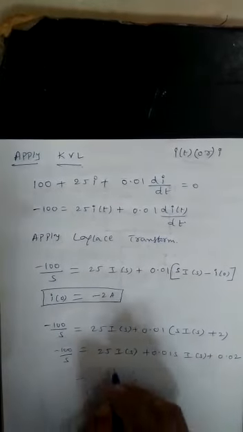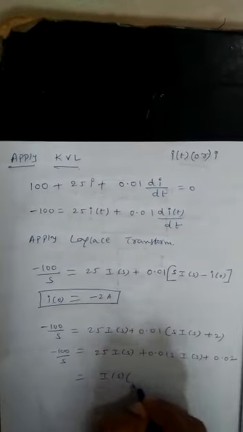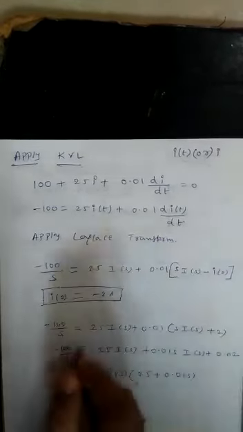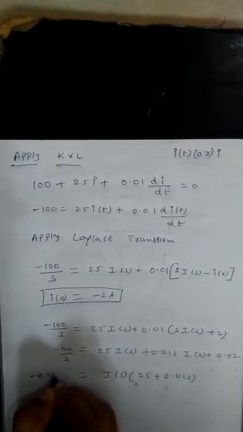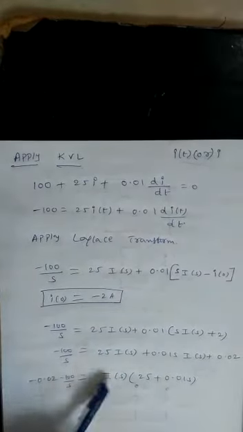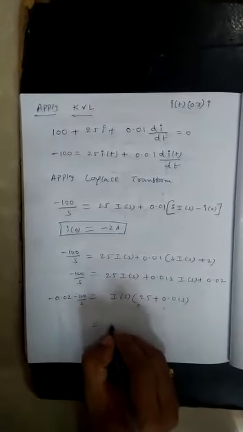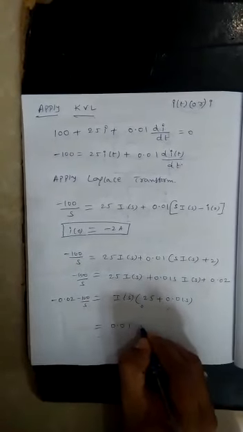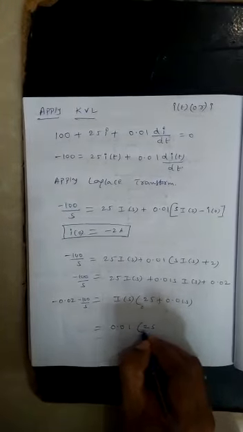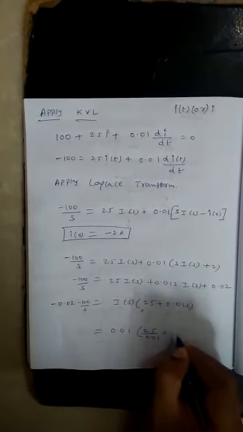So again take out I of s. How can I write this? 25 plus 0.01 s, and move the rest to this side: minus 0.02 minus 100 by s. By taking 0.01 outside, 25 by 0.01 plus s.